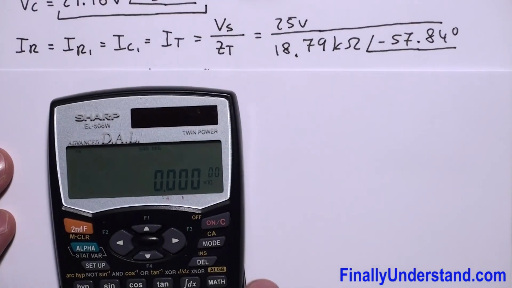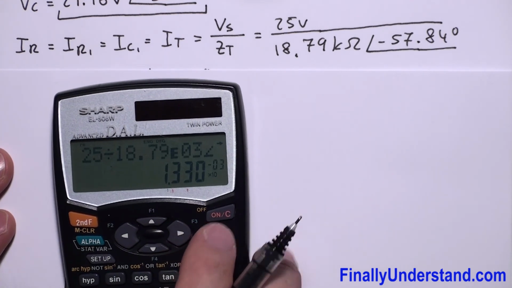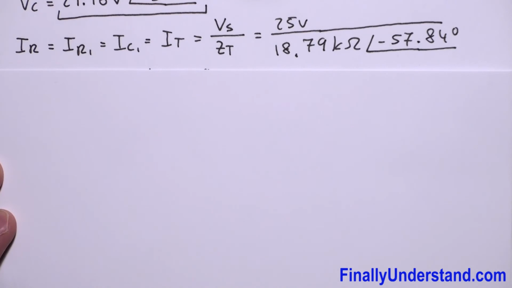Now we're going to use the calculator, and we have 25 divided by 18.79 exponent 3 and angle of negative 57.84. This is equal to 1.33 milliamps and angle of 57.84 degrees. So let me write this down.